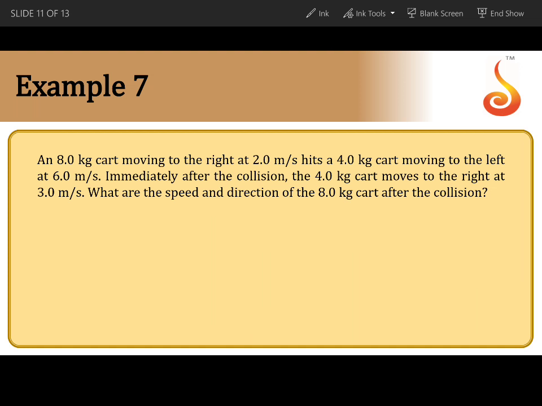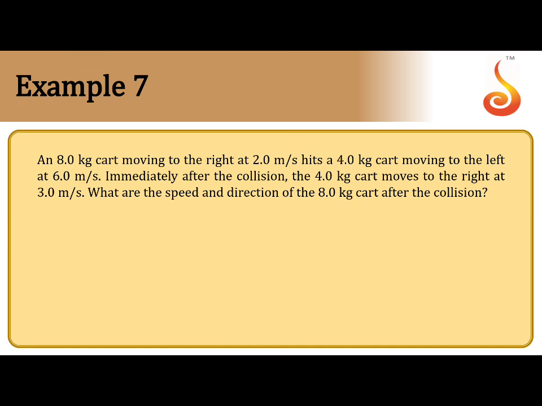An 8 kg cart moving to the right at 2 meter per second hits a 4 kg cart moving to the left at 6 meter per second. Immediately after collision, the 4 kg cart moves to the right at 3 meter per second.